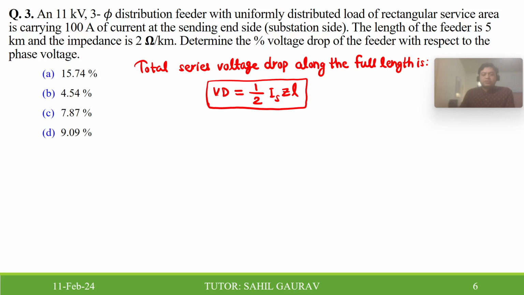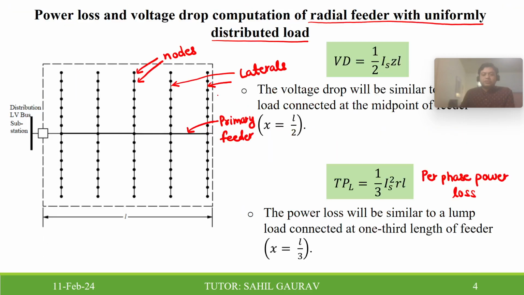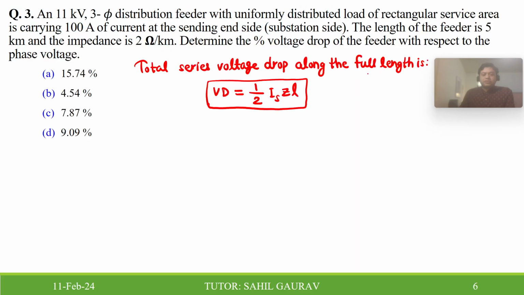This expression we have seen in the previous slides. This voltage drop is equal to half of Is ZL. So just apply this expression.